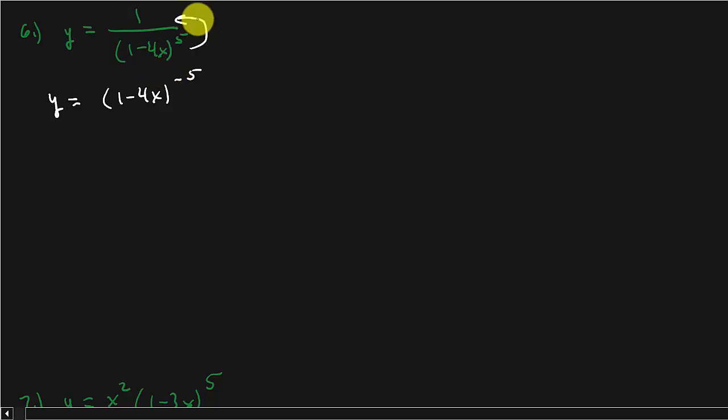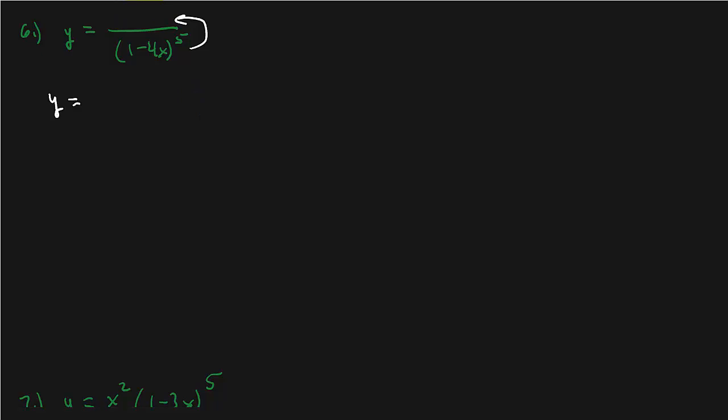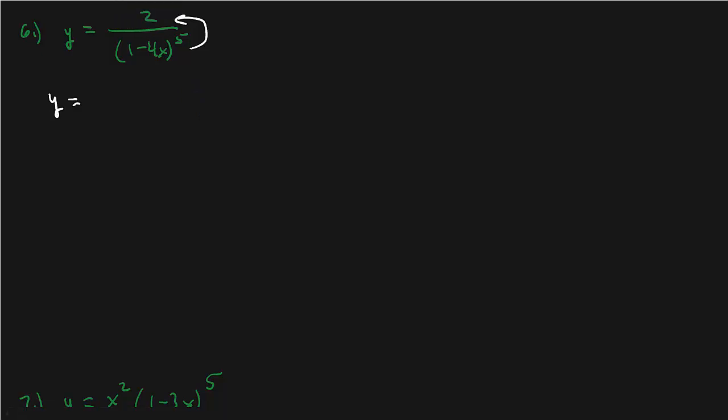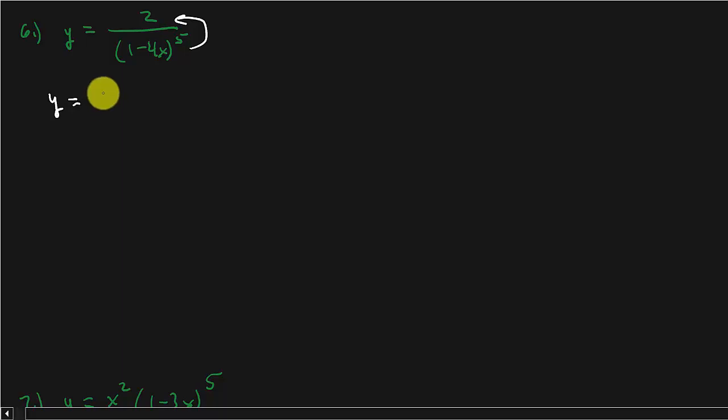And I tell you what, let's change that 1. Let's just change it to a 2. Okay, let's change the problem up. So y equals 2 times 1 minus 4x to the negative 5. Okay, so we just brought that up.